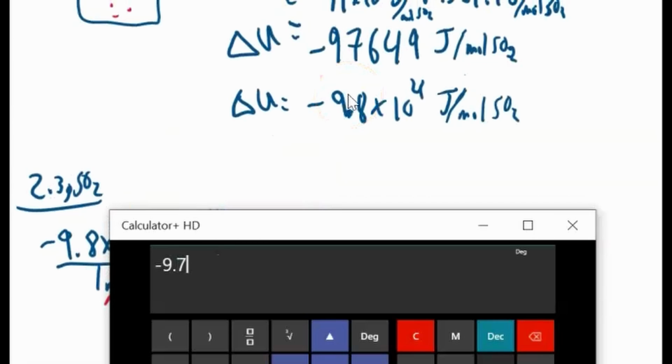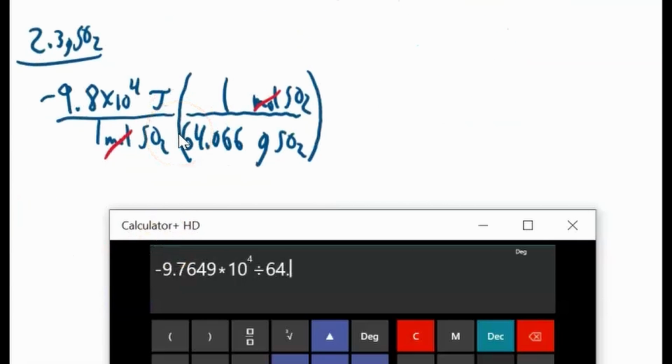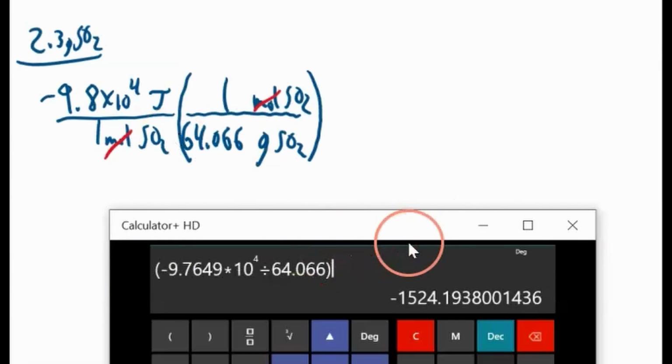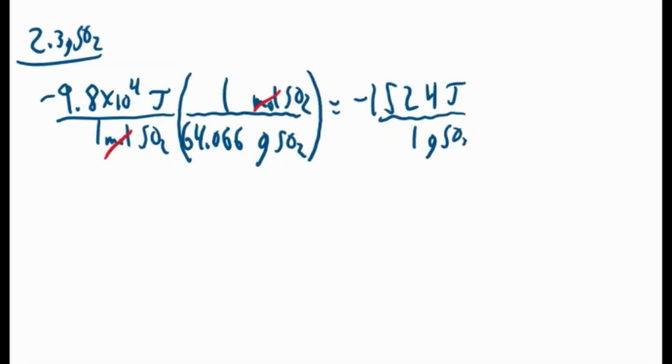So 9.7649 times 10 to the power of 4 divided by 64.066. Okay, so negative 1524. That's joules. I almost wrote grams there. That's joules for every 1 gram of SO2.